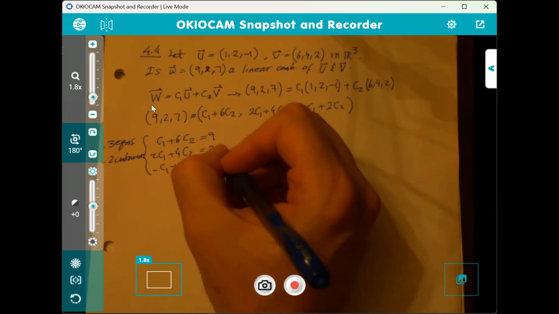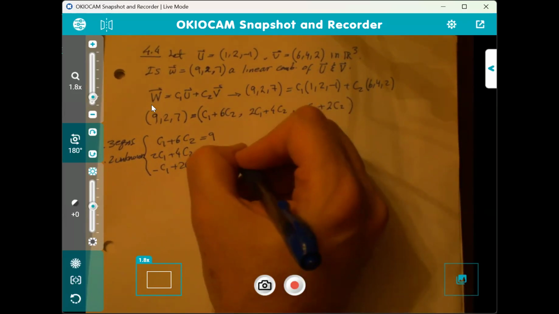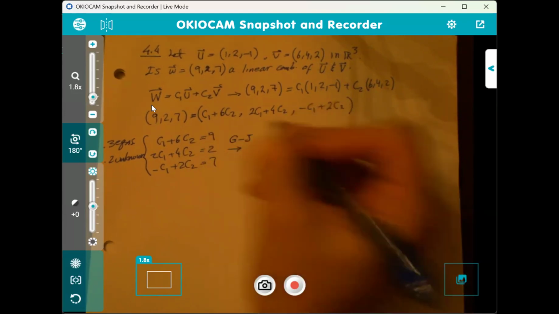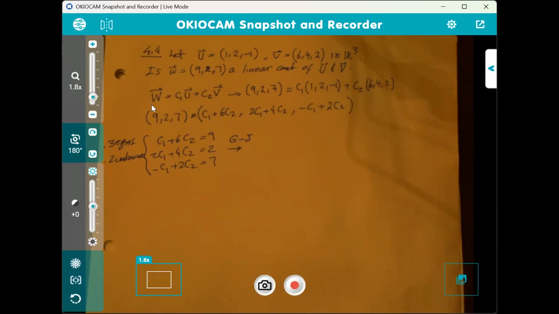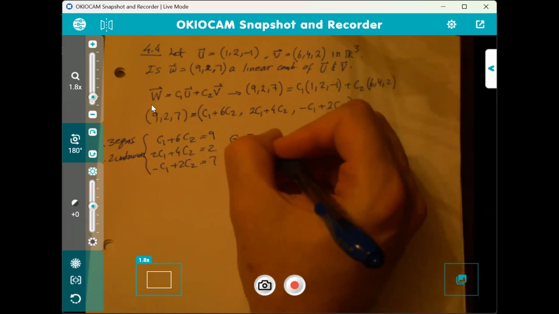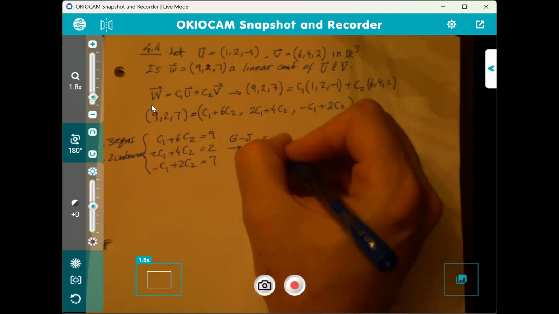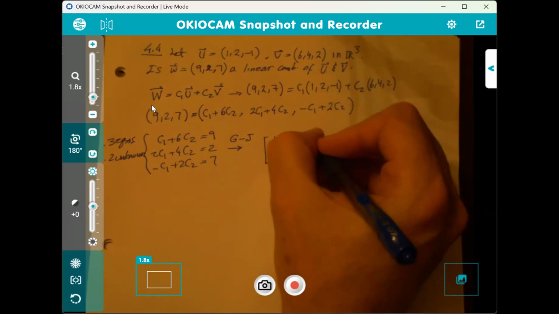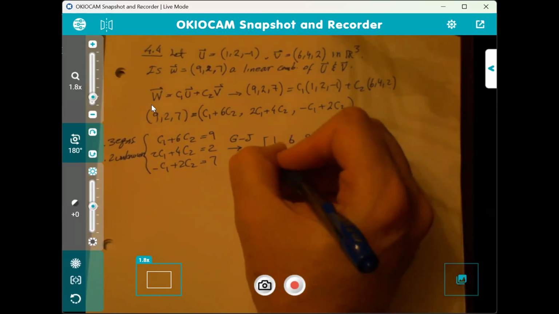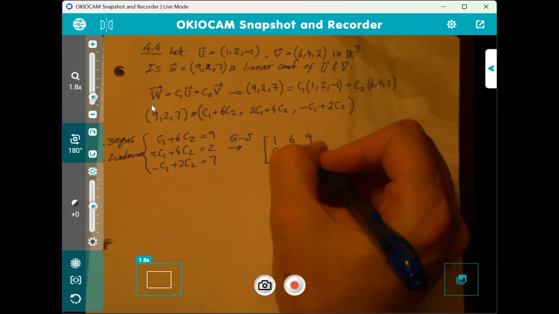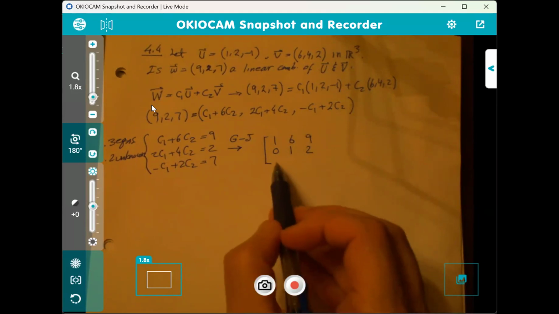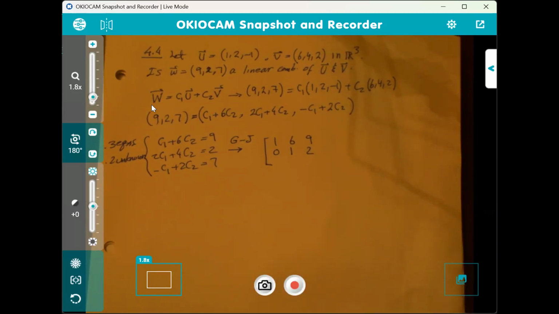So for this matrix, we're going to do Gauss-Jordan. And I used SymbolLab, by the way. When you do Gauss-Jordan, this is what you should get. The first row is 1, 6, 9. Second row gave me 0, 1, 2. And what do you think the last row ended up being?